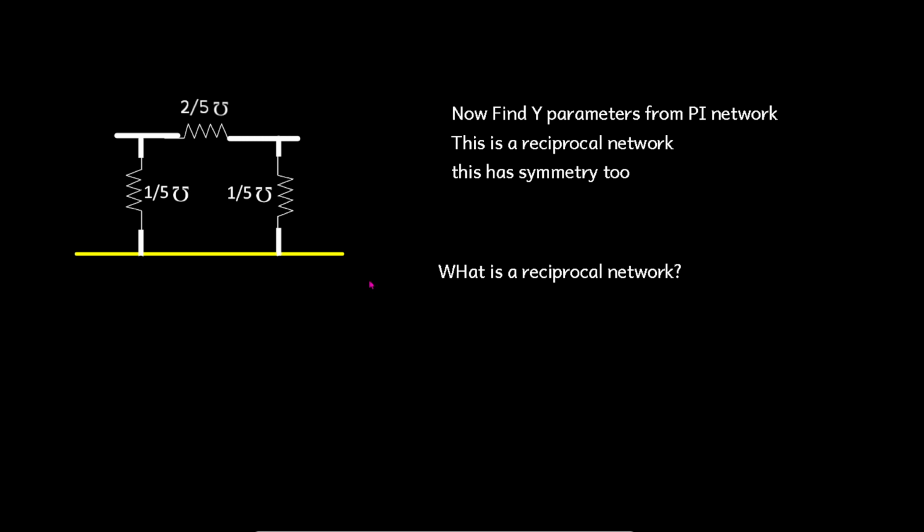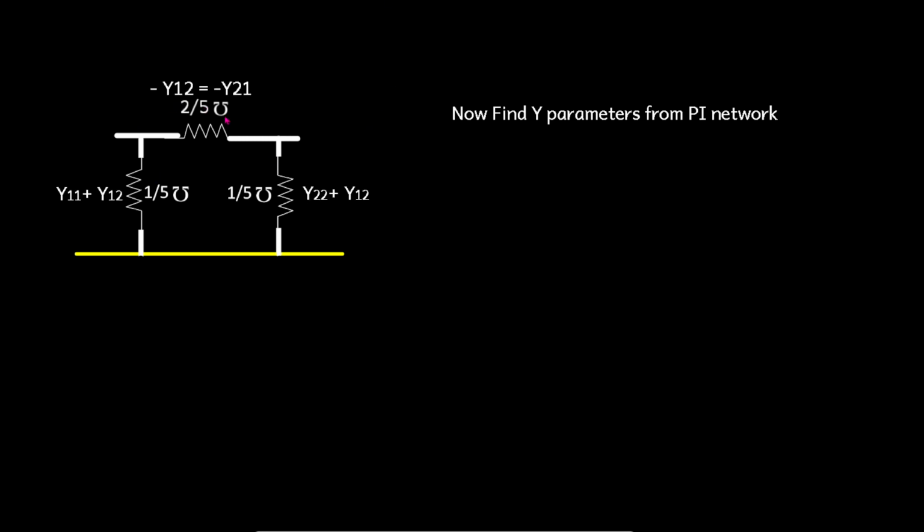After getting this pi network, we have to actually find the value of these y parameters. Okay, how would you get these y parameters? So whatever value present here, that is this 2 by 5 mho is nothing but minus y12, that is the transfer admittance, right? It is also equal to minus y21, and the value which is available at this end, 1 by 5 mho, that represents y22 plus y12 value.